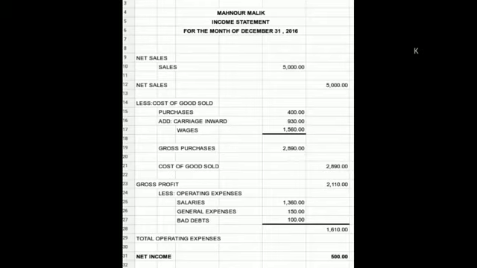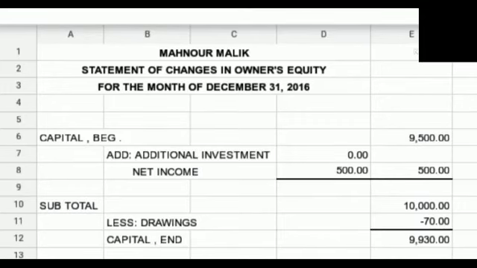So let's proceed to the statement of changes in owner's equity. So our company name again is Manuel Malit for the month of December 31, 2016. So our beginning capital, which is 9,500. Then we just add our additional investment, but we don't have any additional investments, so we just put there a 0.